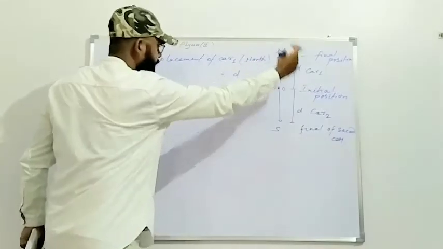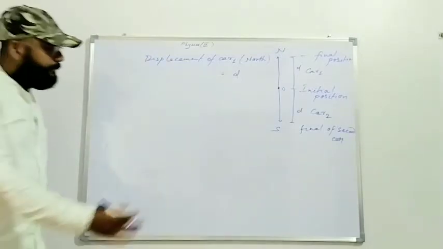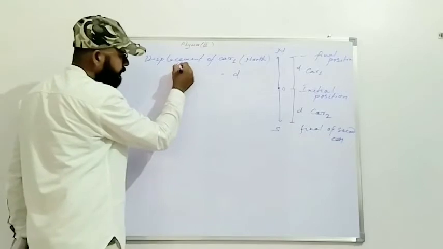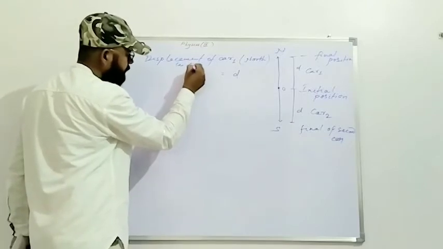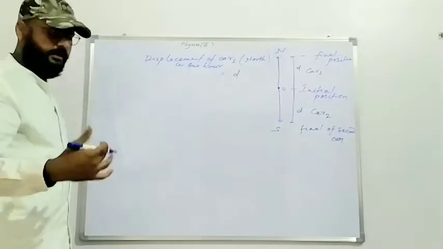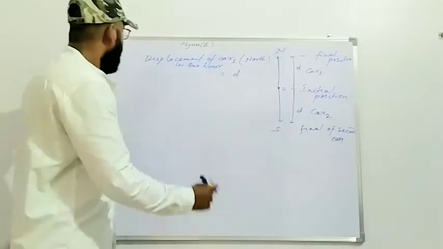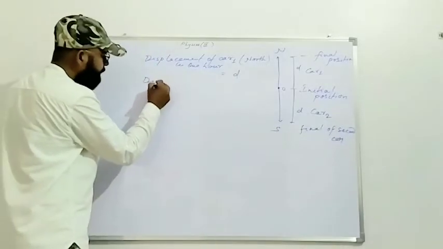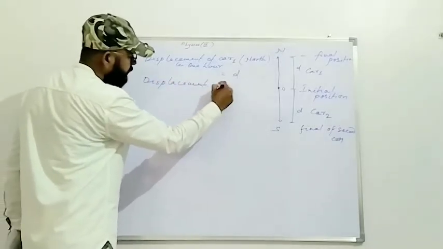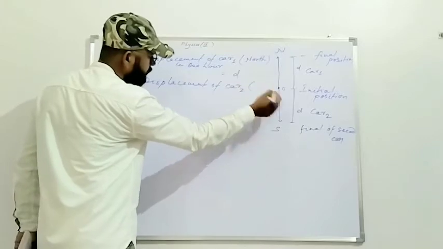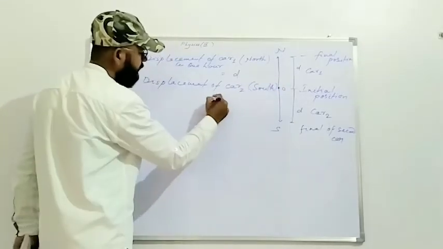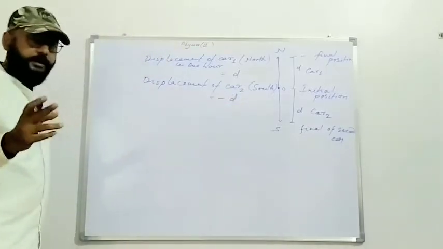Suppose this is the positive direction, then this is negative. In 1 hour, already given, in 1 hour it displaces d. And the displacement of car 2, that is in south direction, is also d.